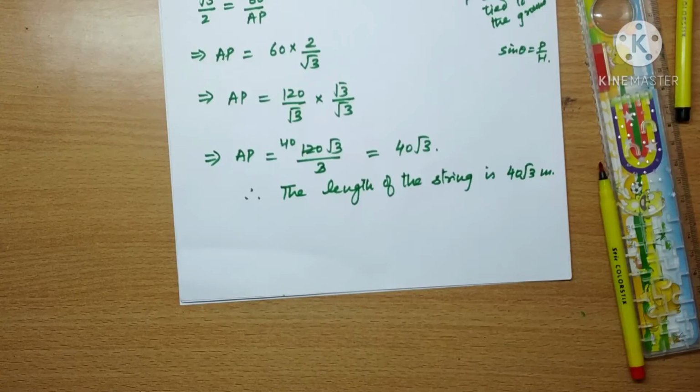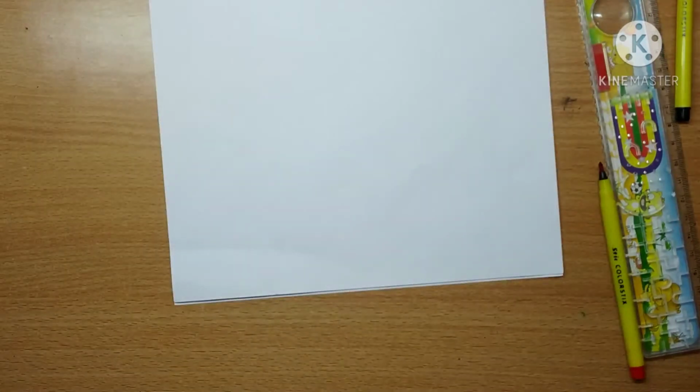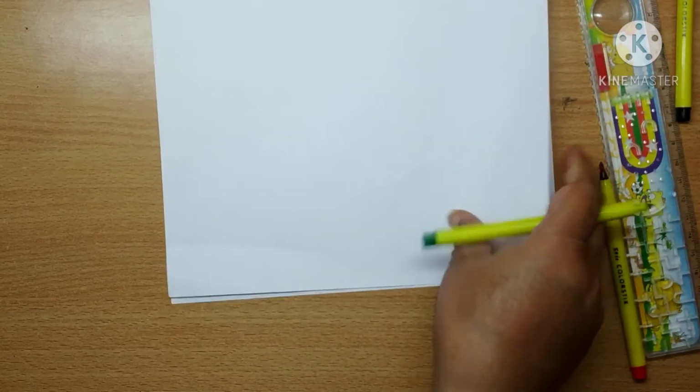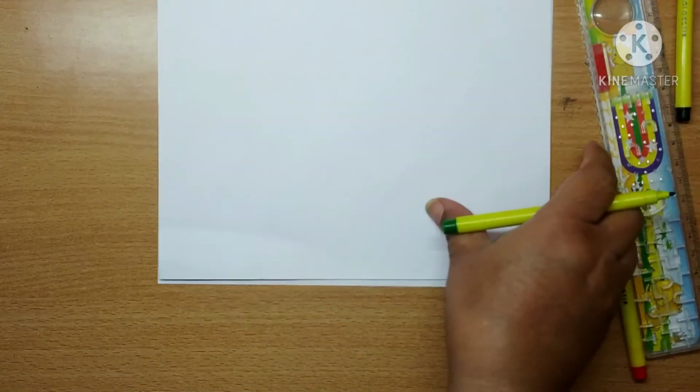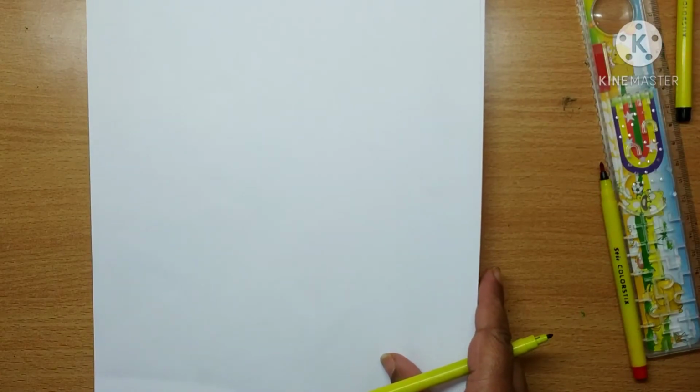Right? Next question now. Now we will be doing question number 6. Question 6 says, a 1.5 meter tall boy is standing at some distance from a 30 meter tall building.